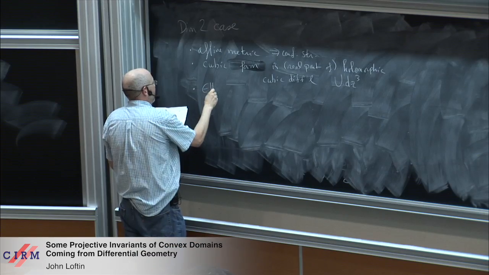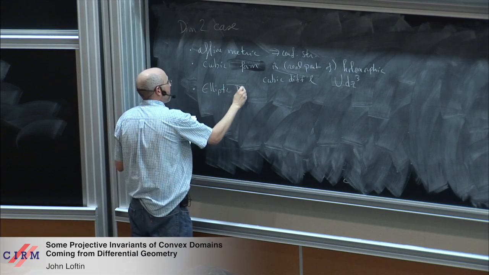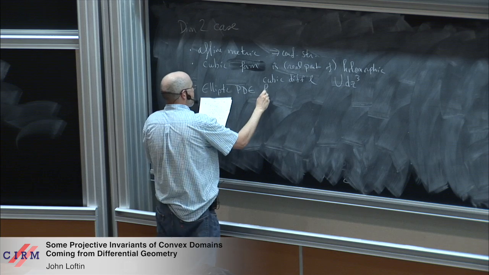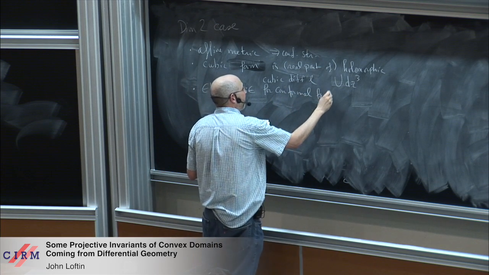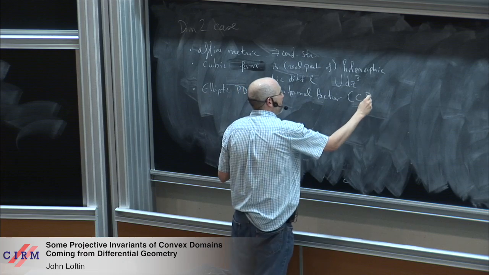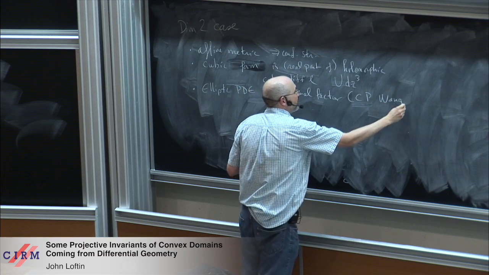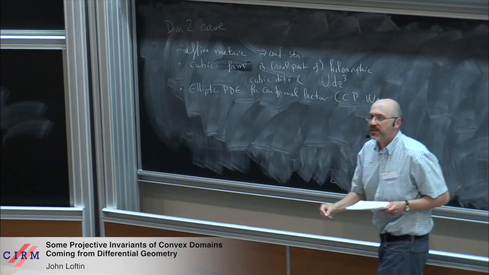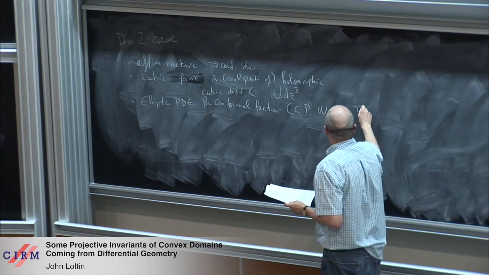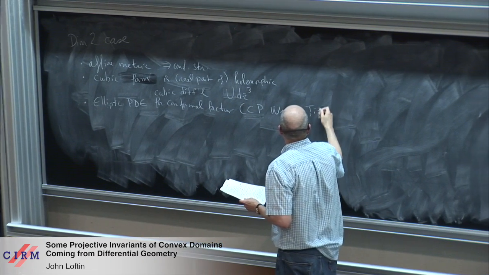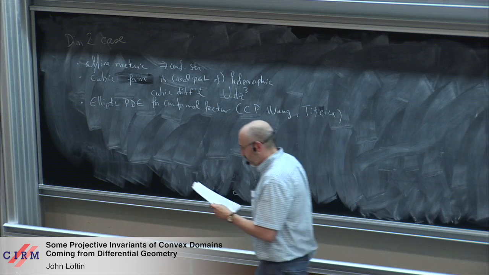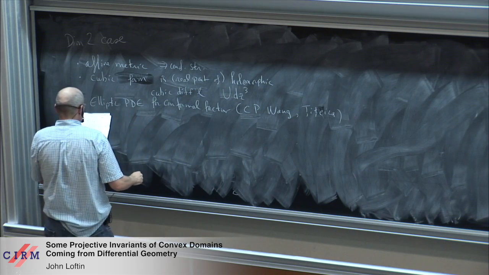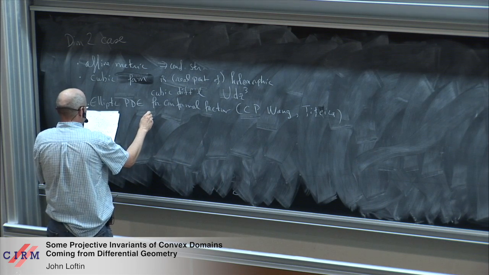an elliptic PDE for the conformal factor. This was first written down by C.P. Wang, but in a slightly different situation. It was written down over 100 years ago by Tzitzeica.